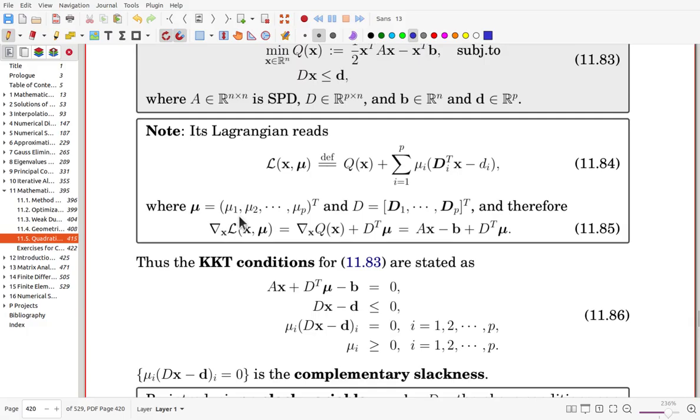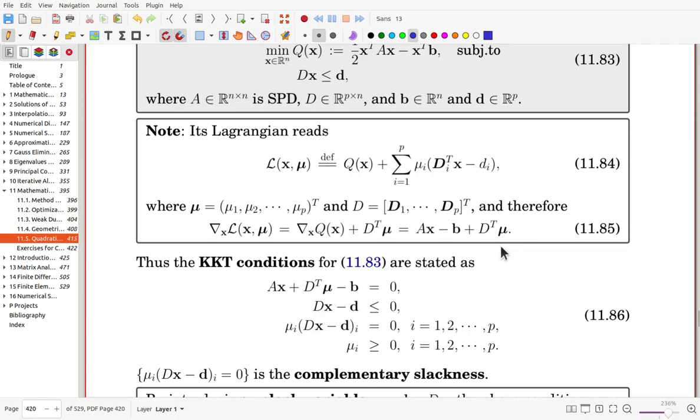Now again, we are using the dual formulation, and the minimization over x will be solved first by using calculus. The gradient with respect to x of the Lagrangian can be written in this way. This portion is Ax minus b, and from the second portion we have D transpose mu.